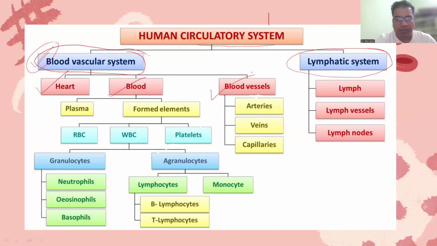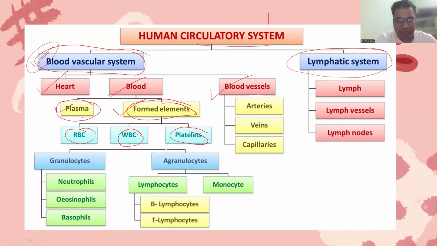In case of blood, the composition starts from the plasma and the formed elements, which is the cellular portion of the blood, in which we have different types of cells: RBCs, WBCs, and platelets. So, blood has two components.